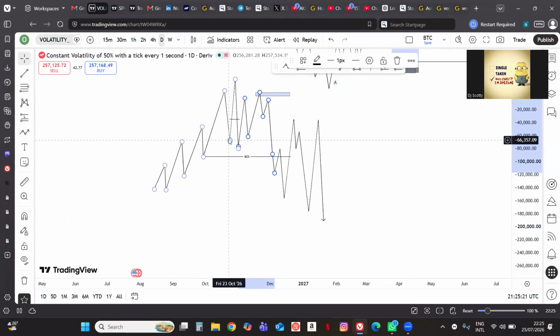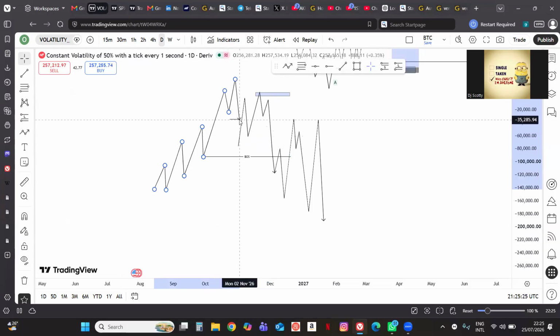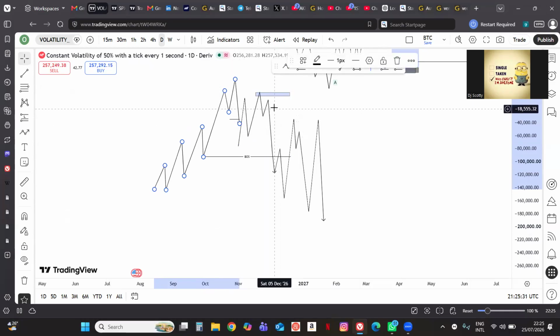But this is up here, so all of this does not represent a break of structure. Whatever the market forms here is invalid. I don't care if it holds for 1 minute or 1 hour or 2 hours, it's invalid. It's going to lead to stop loss. That one is 100%.